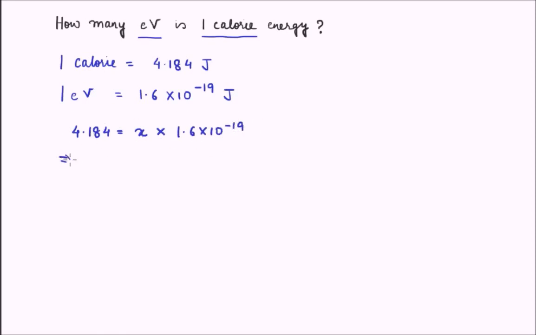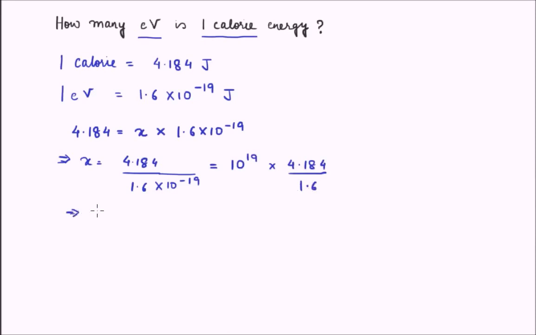This will give us x is equal to 4.184 divided by 1.6 into 10 to the power minus 19. This is in denominator. I can take this into numerator and write it as 10 to the power 19 into 4.184 divided by 1.6.